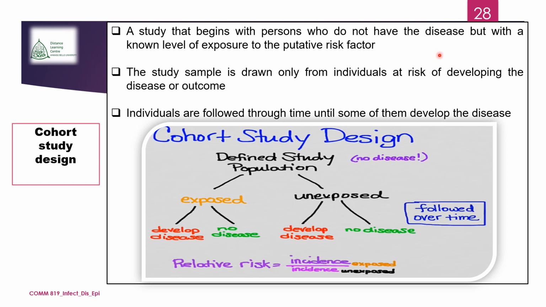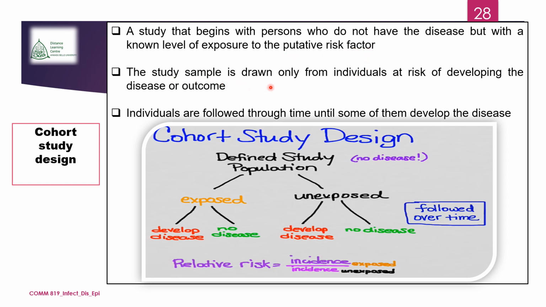Based on your previous knowledge that a certain group of people have been exposed to a certain factor that is capable of causing disease in future, you want to test whether the people will eventually develop that disease based on the previous exposure. So that's a cohort study. It begins with persons who do not have the disease, but with a known level of exposure to the putative risk factor.